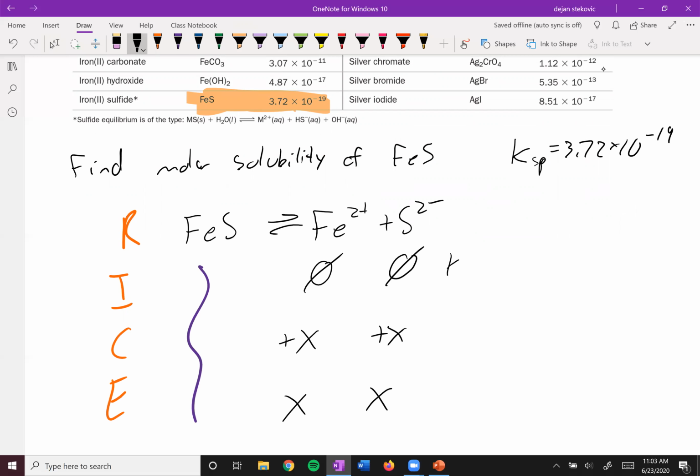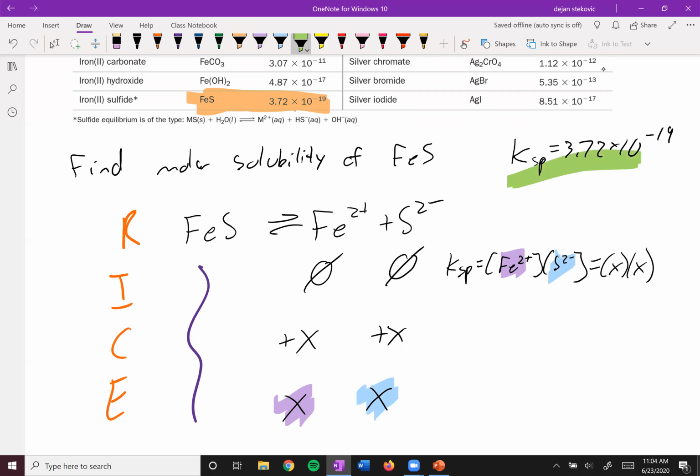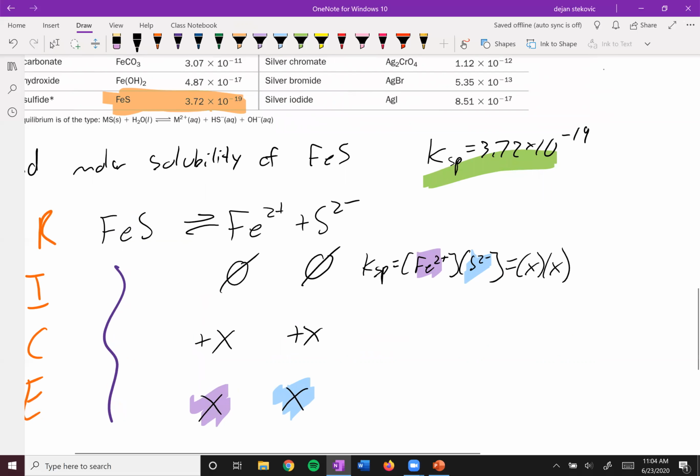And so then KSP is equal to the concentration of iron times the concentration of sulfide. In this case, they're both just equal to x. And then we know it's also equal to this 3.72 times 10 to the negative 19.